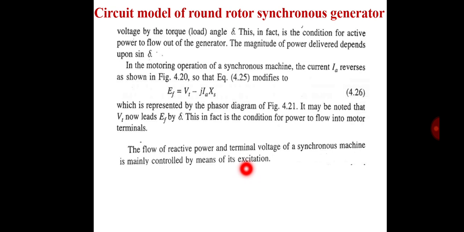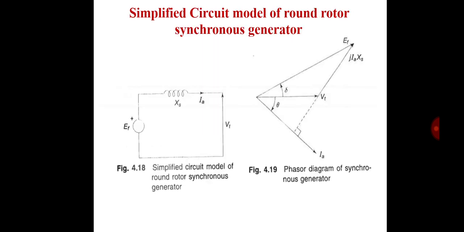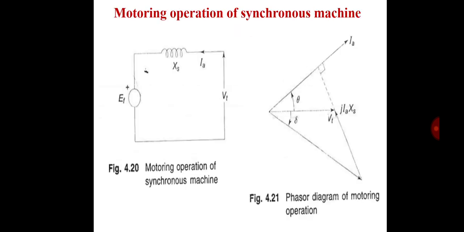So the quantity that controls the reactive power and terminal voltage is the excitation of the machine. Here we see the simplified circuit model of the round rotor synchronous generator.